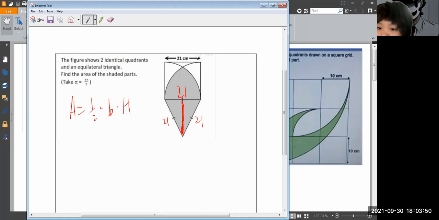So if the height is not given, then how? You only know that it's an equilateral triangle, which means all sides are equal: 21, 21, and 21. That's all you need. If you assume that the height is 21, then you are wrong.